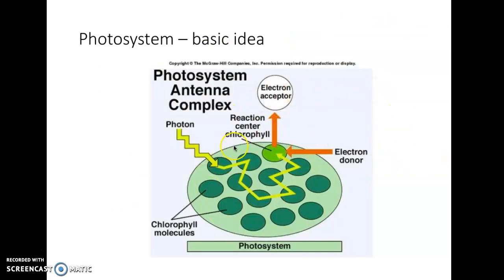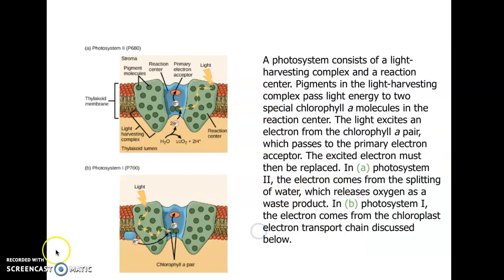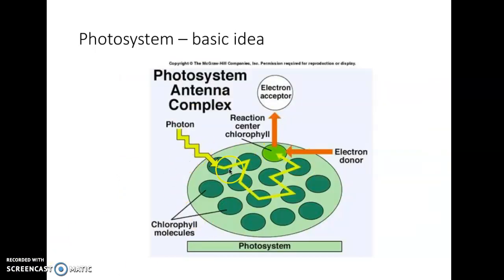So the basic idea is, here is our chloroplast. You can see we have chlorophyll molecules throughout, and those are our pigments. The photons come in from the solar energy and they move around all of these chlorophylls. You can see they're moving all around. And what happens is then we have an electron donor. So something is giving off an electron.